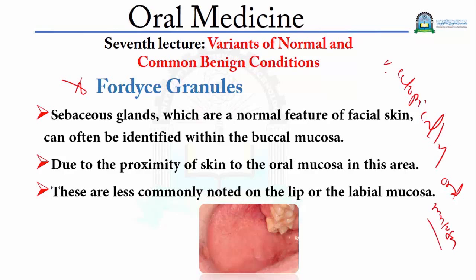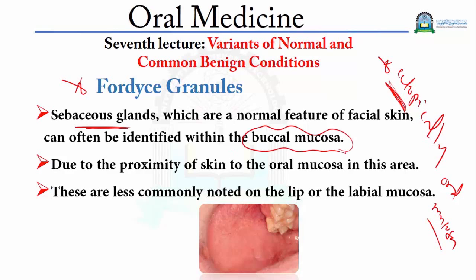It is normally presented in the skin, but it is a normal tissue, what we call ectopic presentation, normal tissue in an abnormal site. So this is a normal tissue, sebaceous gland presented in an abnormal site, the buccal mucosa, due to the proximity of the skin to the oral mucosa in this area.